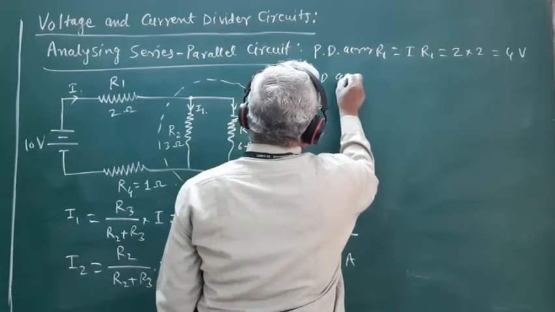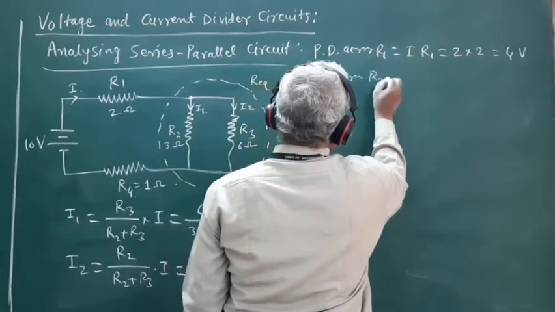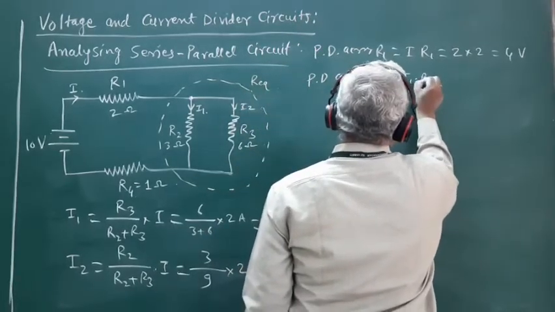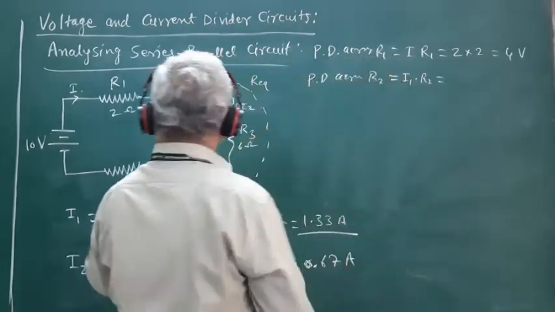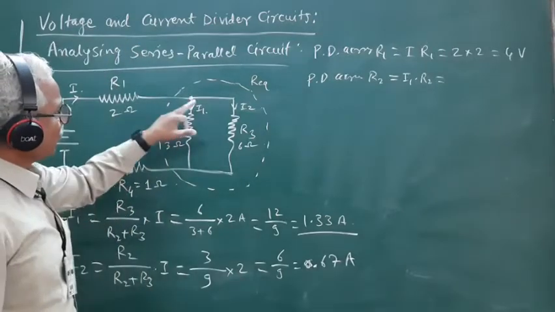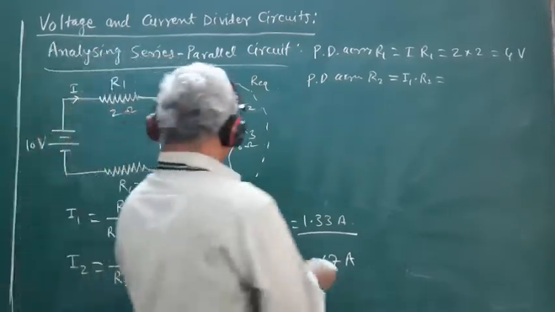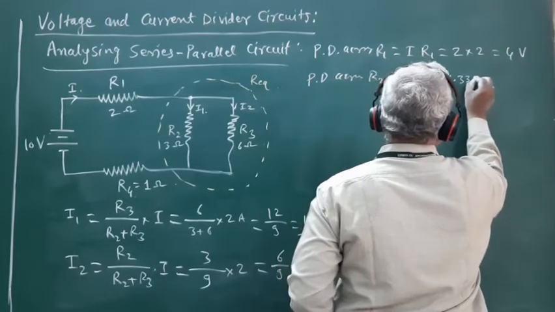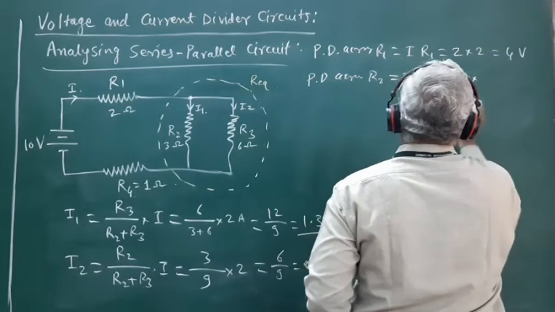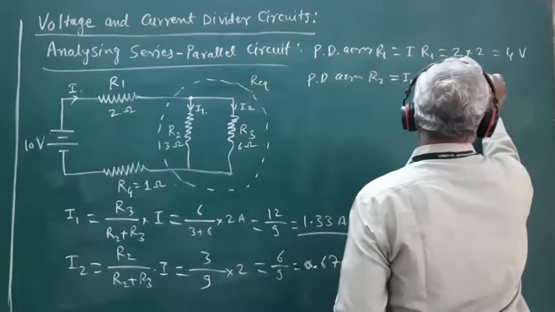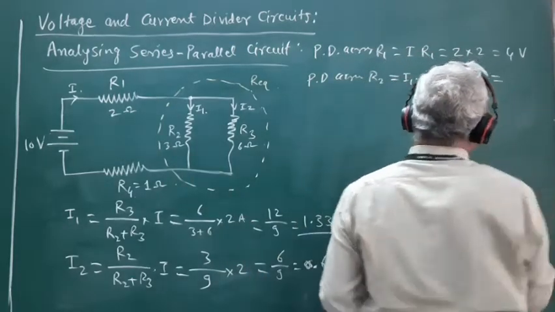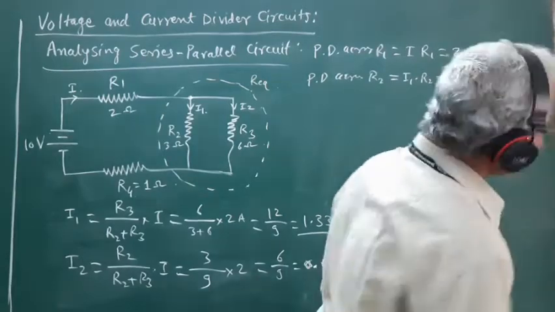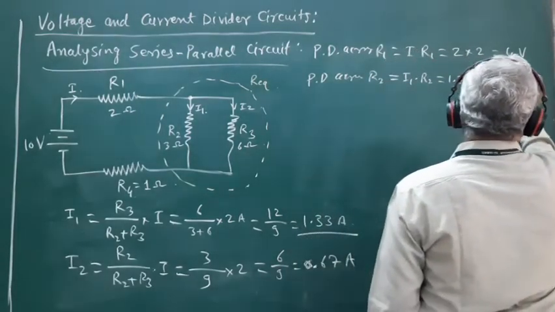PD across R2 will be equal to I1 into R2. So I1 is 1.33 ampere multiplied by R2 which is 3. So this is equal to 3.99.